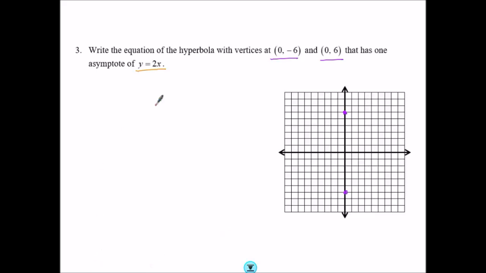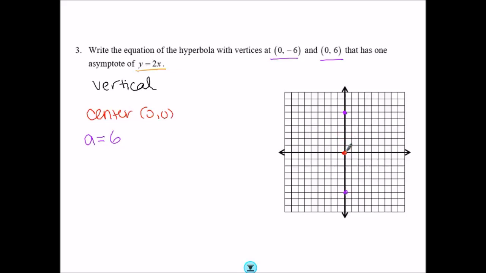Well, from the two vertices and from the asymptotes, we can tell that the center is going to be at (0, 0). We also know that this is going to be a vertical hyperbola. We know that a is the distance from the center to the vertex, which is 6. And then we need to use the equation of the asymptote to figure out what b is.